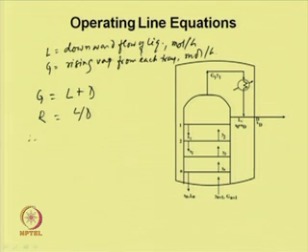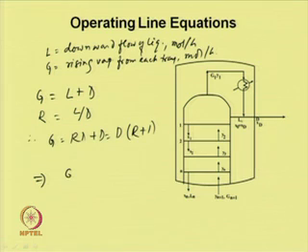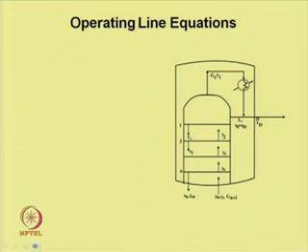Therefore, we can write G is equal to R D plus D, which is D into R plus 1. So, from this we can write G by D is equal to R plus 1. If we do the material balance, the equation is G y n plus 1 is equal to L x n plus D x d.